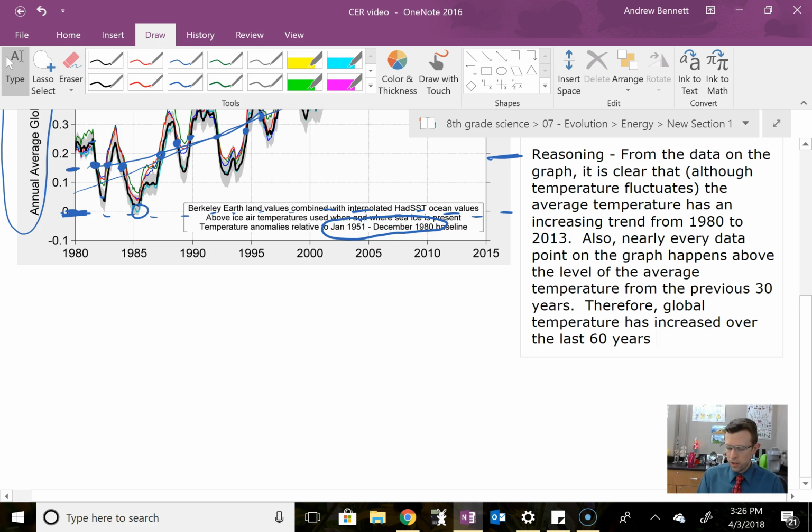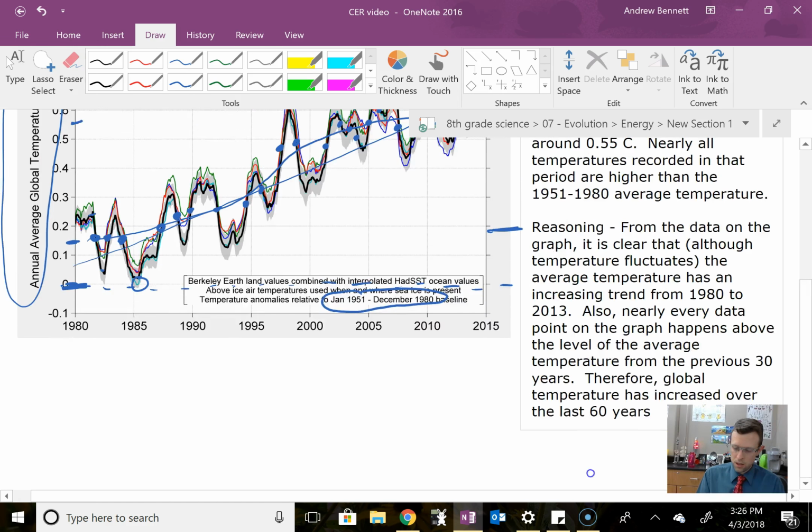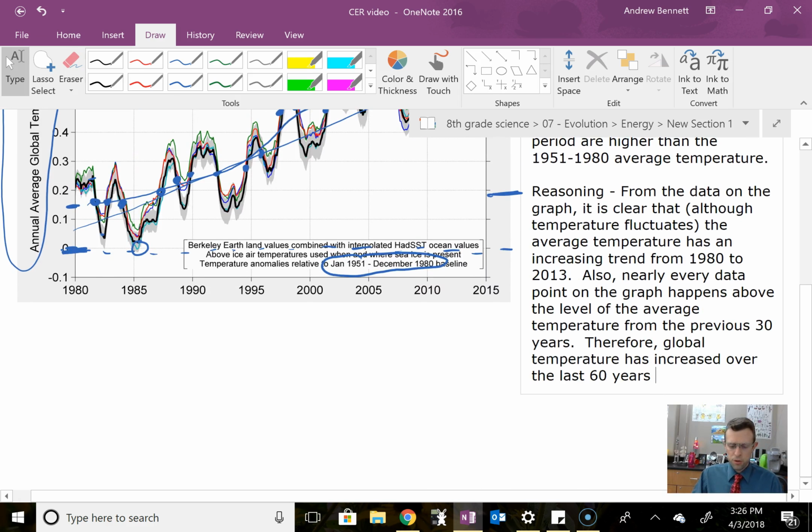So global temperature has increased over the last 60 years. So from those two bits of information, we can tell that that's true.